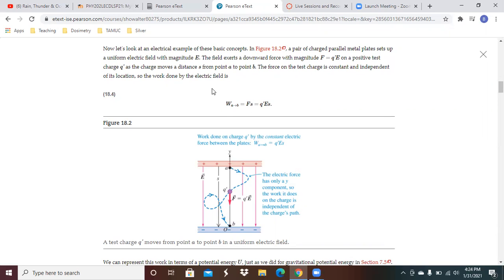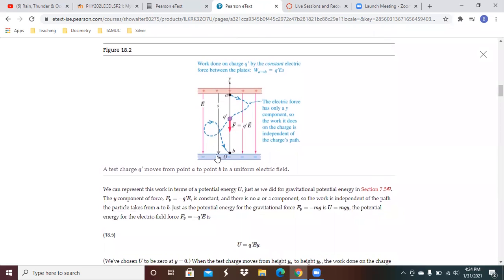So the work done by the field is going to be F times S, or Q prime times E times S. And the electric force has only a Y component, up and down. So the work that it does on the charge is independent of the path. It could take something real crazy here, but as long as it starts at A and ends at B, it doesn't matter how it gets there, this is the force that it's going to feel.